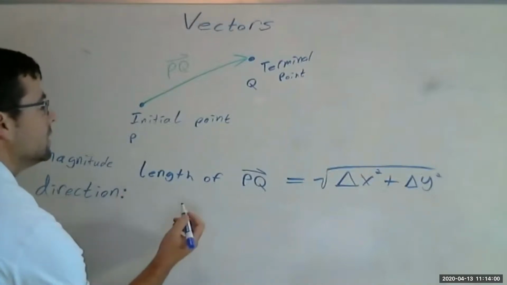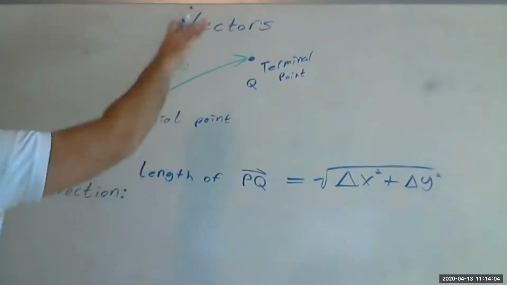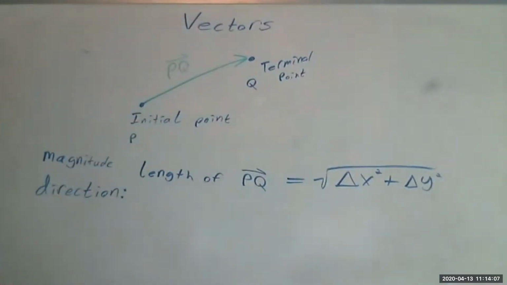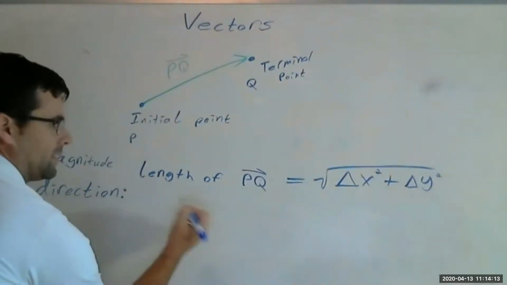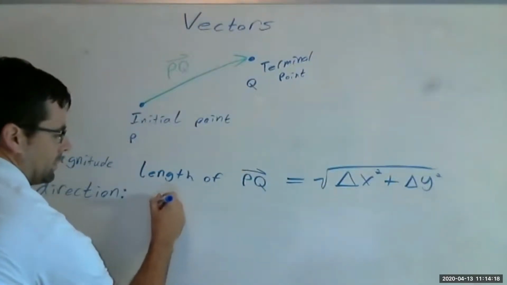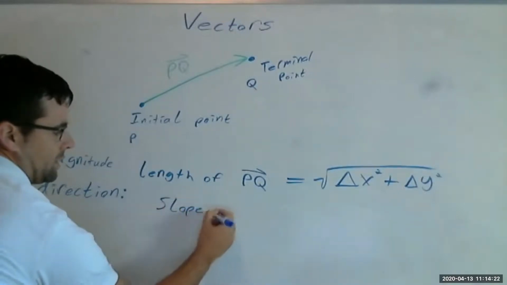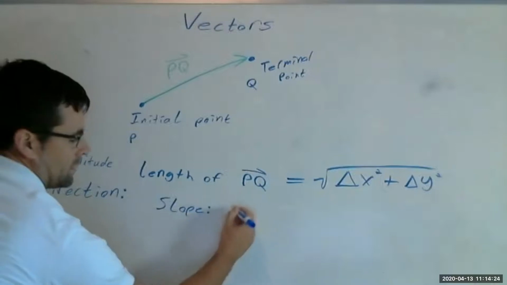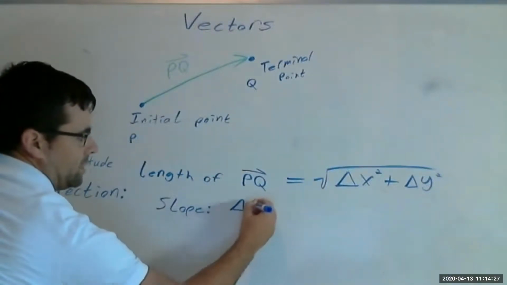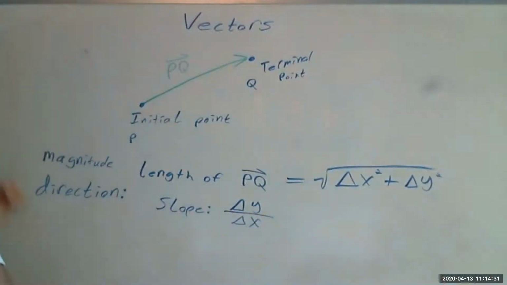But the idea is it's how far up is it going versus how far to the right or left is it going. So in some sense, you could at least start with this idea of slope, which is the change in y over change in x.